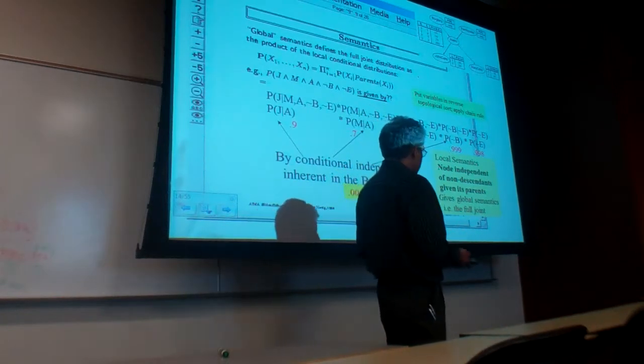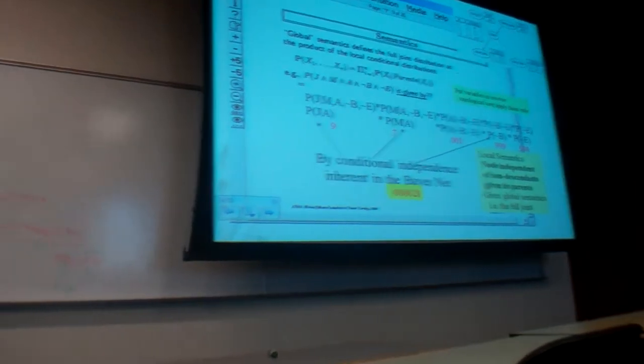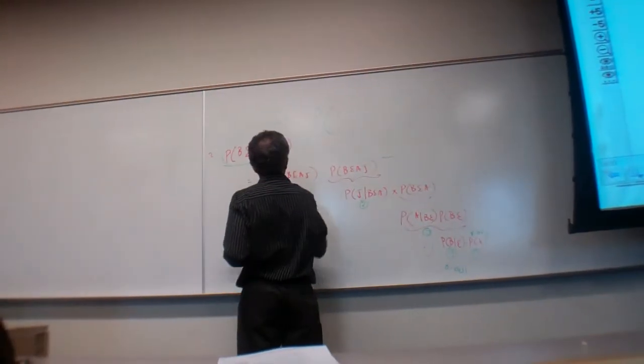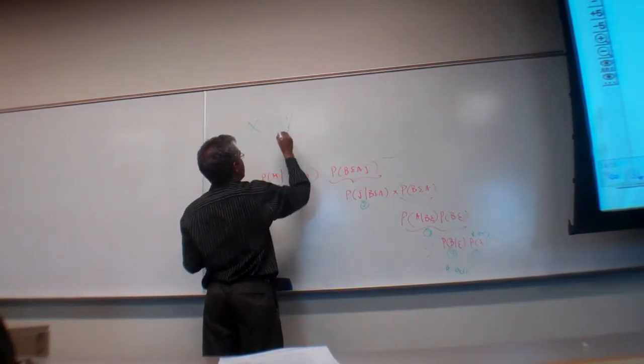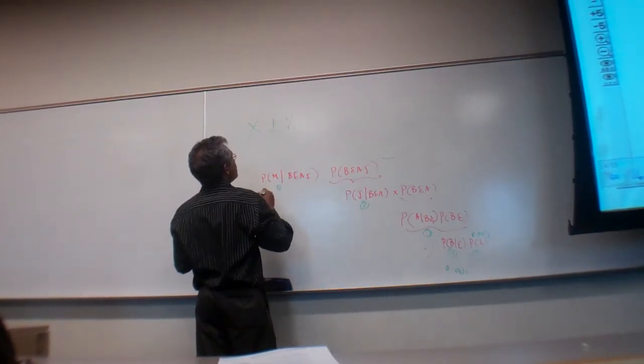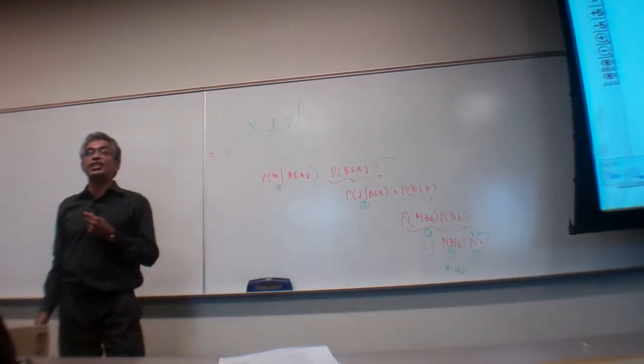And so I should be able to answer queries generally of the form: given a set of x variables and a set of y variables, is the set of x variables independent of the y variables if I give you evidence on z variables?